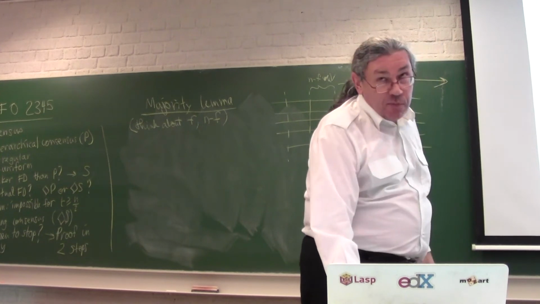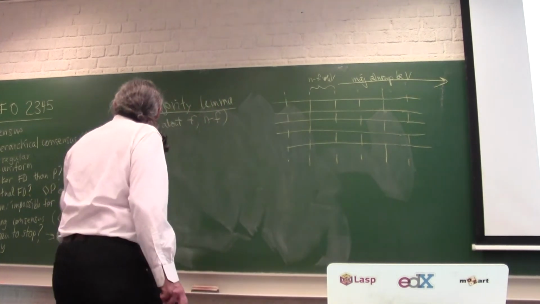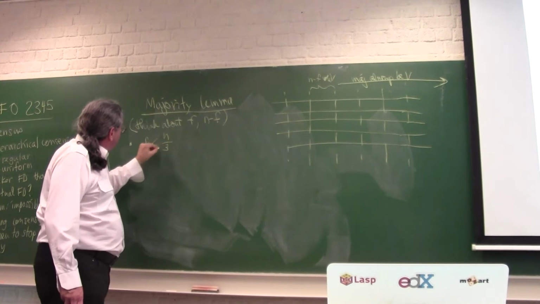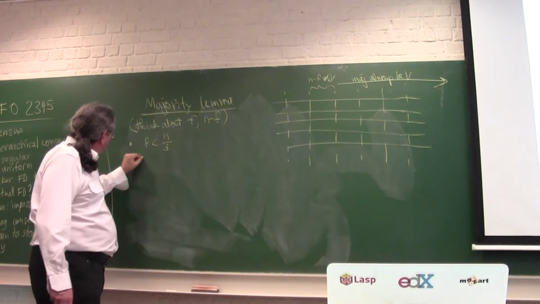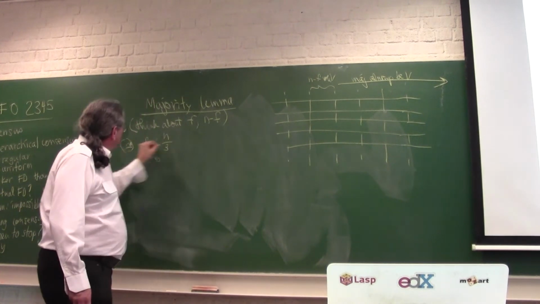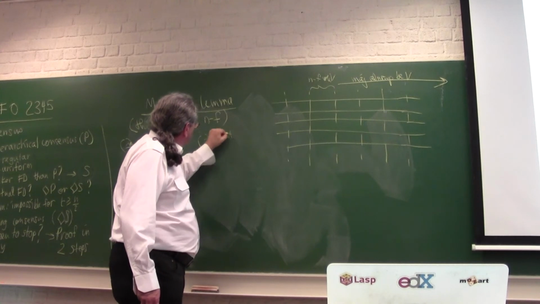I'll try to explain it in a couple of different ways, but it's basically based on two things. One is that there are fewer than n over 3 failures, and two is that I'm waiting for n minus f messages.